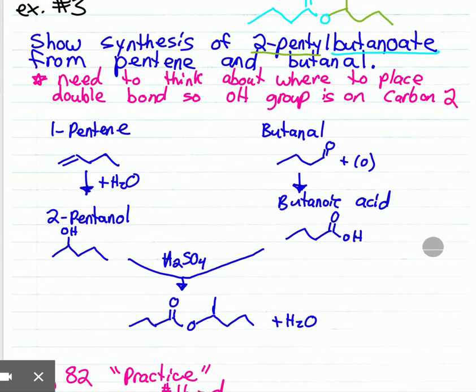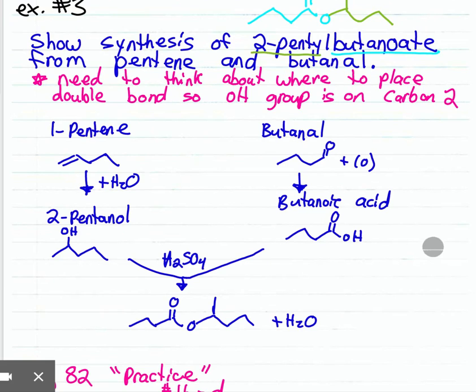So that means we're going to start with 1-pentene plus water is going to make 2-pentanol. And what this 2 means is that the pentyl is attached to the carboxylic acid on carbon number 2. So here's carbon 1 and here's carbon 2, and the oxygen is attached here.